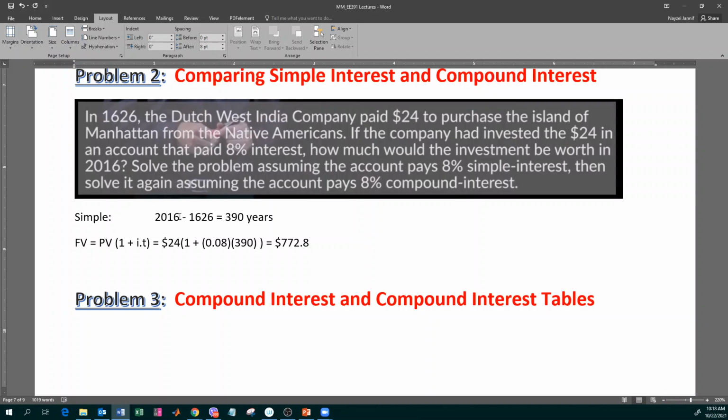All right, so in simple interest, if simple interest was to be used, time frame is equal to 390 years, we have future value equal to that much. Let's look at compound interest.